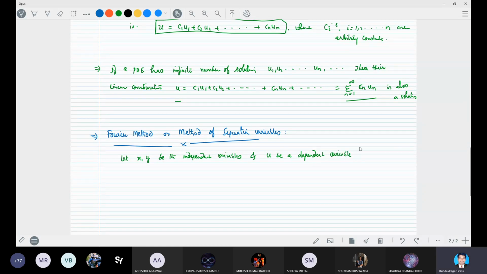Let u be the dependent variable of the PDE, partial differential equation.